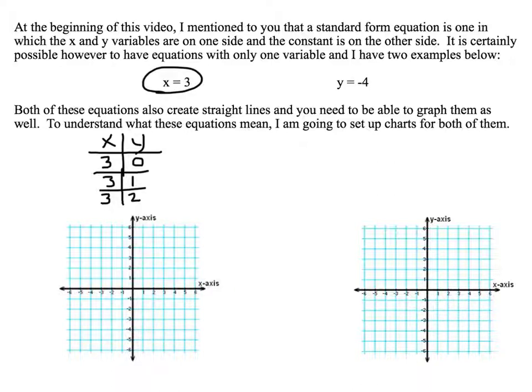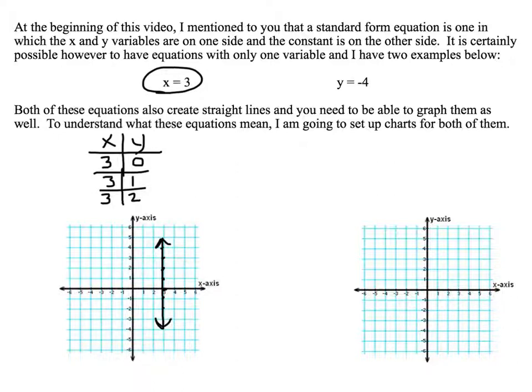If I wanted to graph this now, I would just graph these particular points. So here is the point 3, 0, here's the point 3, 1, here's the point 3, 2, and you see I could continue to go on in both directions. So this particular graph is just a vertical line that is parallel to the y-axis at x is equal to 3.